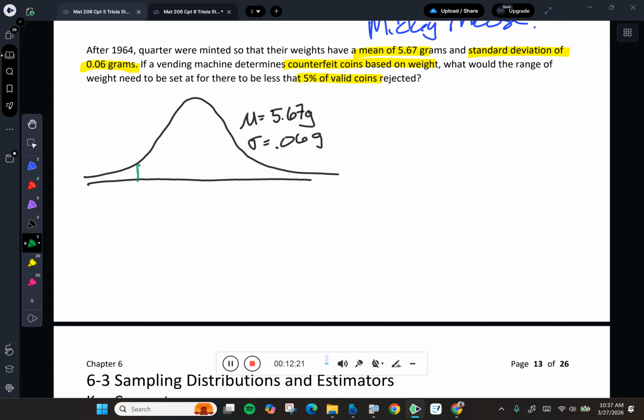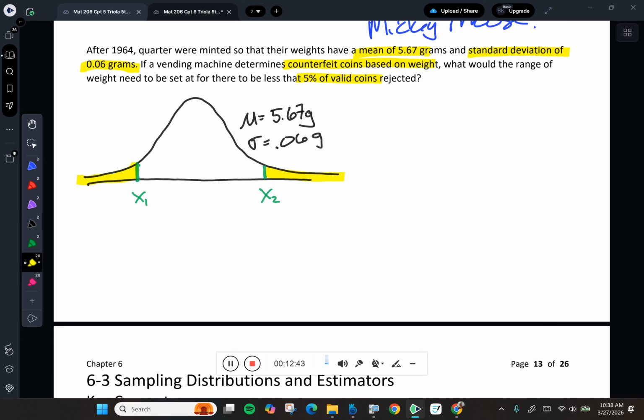So I'm going to look for some number over here. I'm going to call that my x sub 1. And some number over here, I'm going to call that my x sub 2, that will reject coins. And I want to only reject about 5% of those. So I want those two tails to add up to 5%.